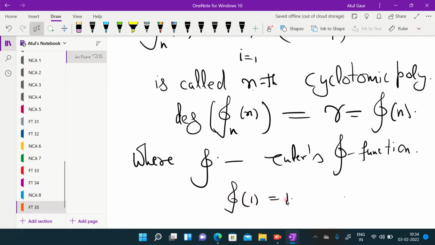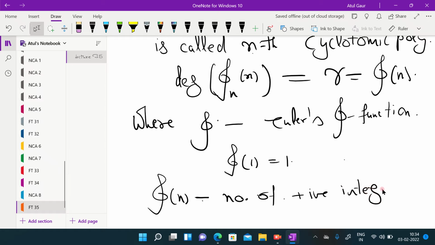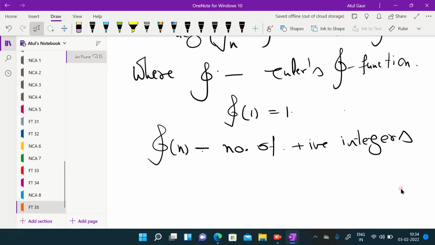Phi of 1 is 1, and phi of n is the number of positive integers less than n and relatively prime to n.